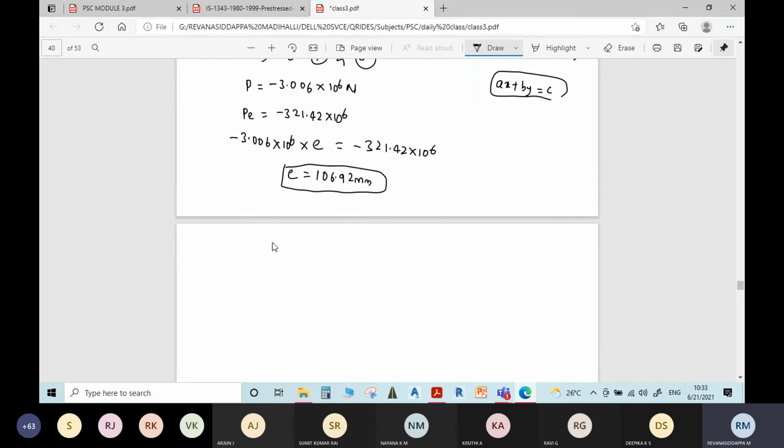You write a small diagram here. This is the centroidal axis.